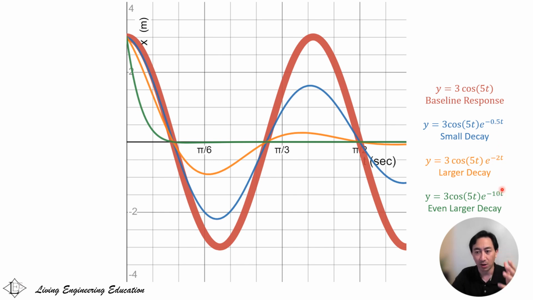Red is basically 0, and a small decay component is shown in blue. You can see the frequency, the period, and locations, with no phase shift from the baseline, but it's slowly decaying. Each amplitude at the trough or the peak is going to get smaller and smaller.